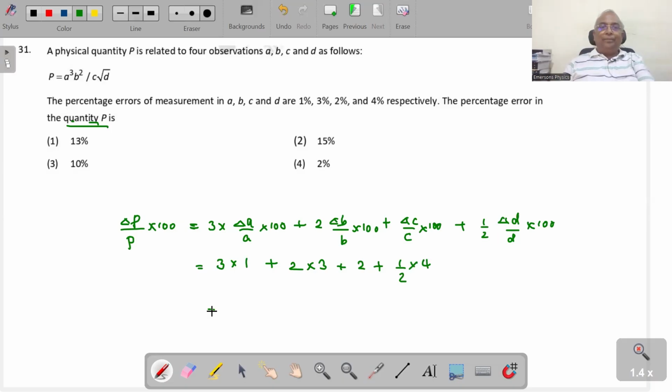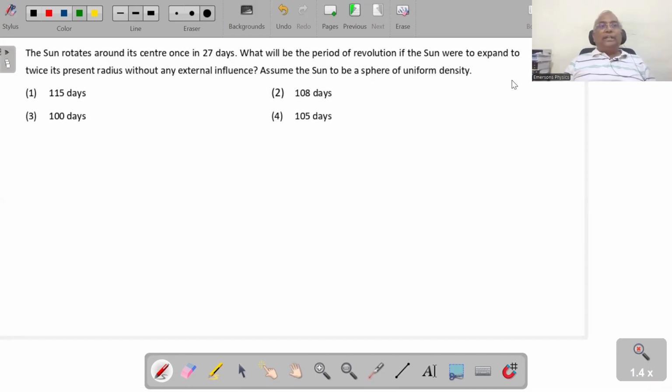Everything is percentage only. 3 plus 6 plus 2 plus 2, so 10 plus 3, 13% is the percentage error of the quantity P. So the answer is 13%.